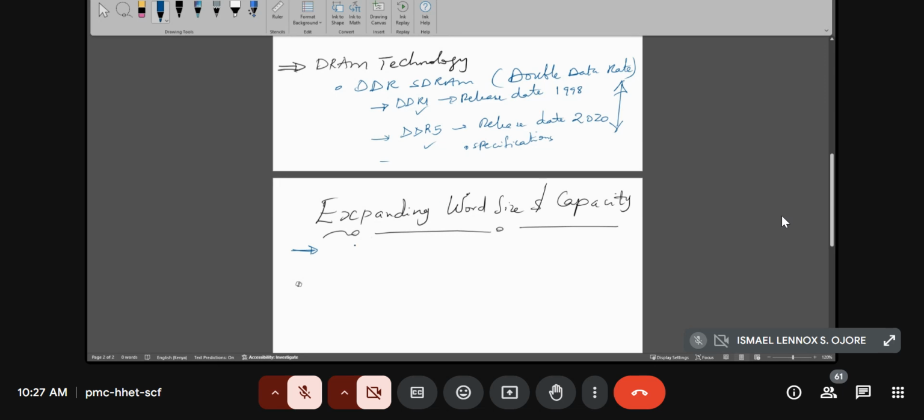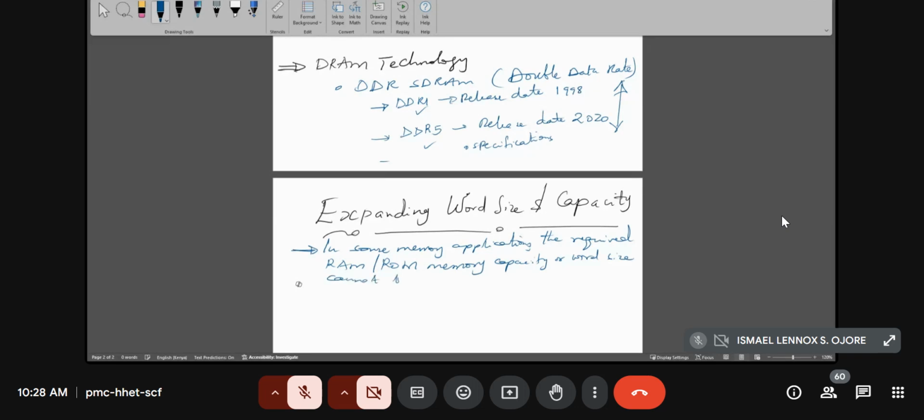And this is necessary because in some memory applications, the required RAM or ROM memory capacity or word size cannot be satisfied by one memory chip.